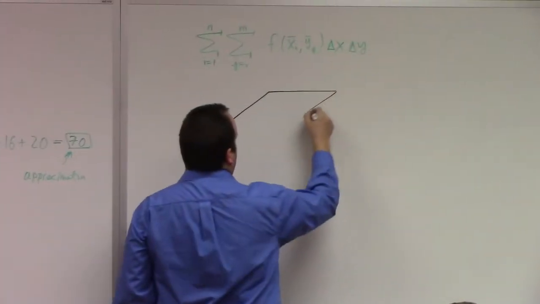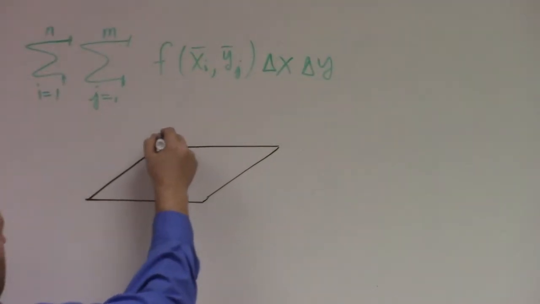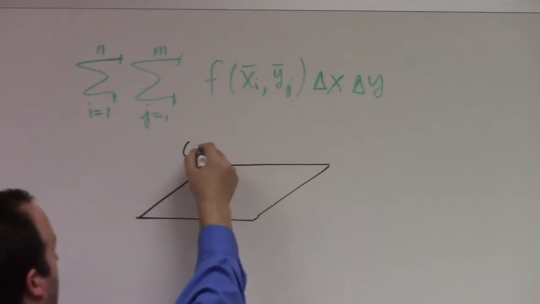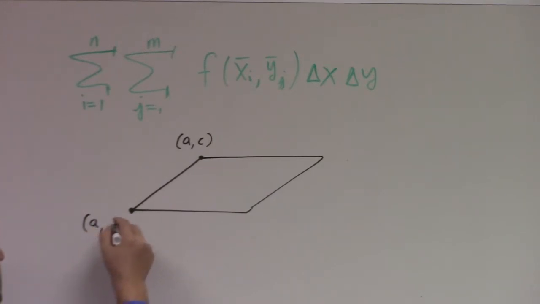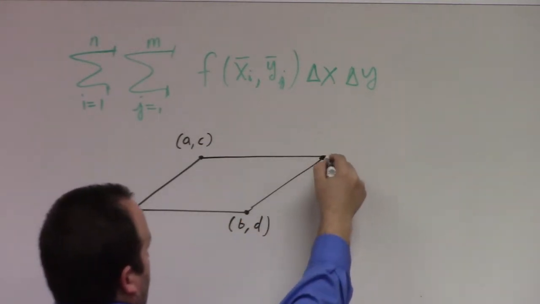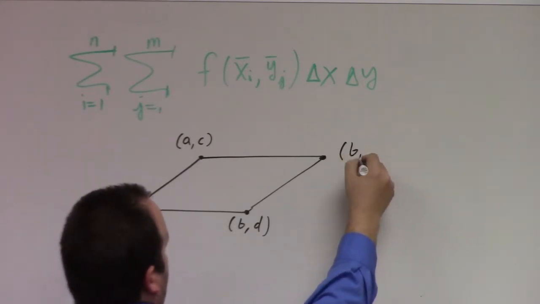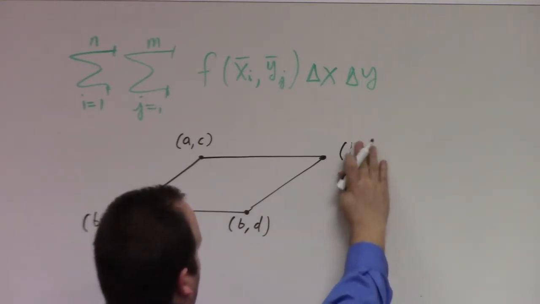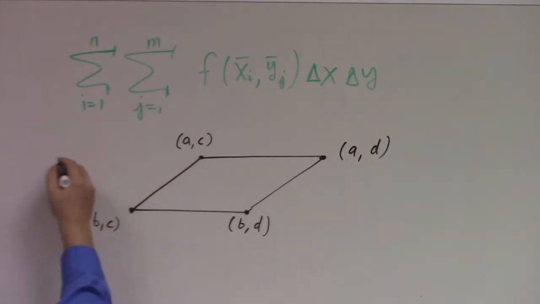So I have in mind some sort of region where the points here would be something like A, C. Over here you have B, C. This point, I would say, is B comma D. This point here would be A comma D. Right.